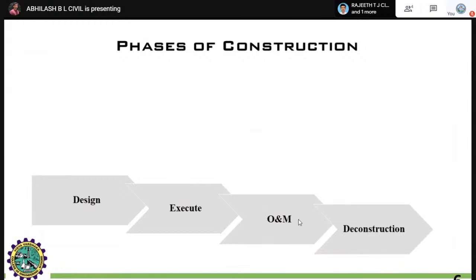Next is the operation and maintenance phase, where there is no physical planning or physical effort, just the maintenance part, retrofitting and rehabilitation, since the huge amount of planning is in the design and execution stage itself.